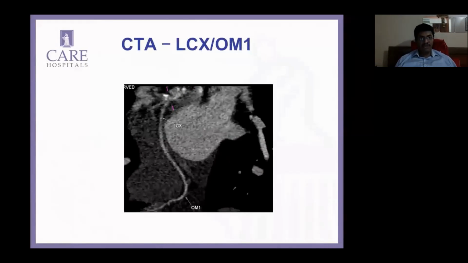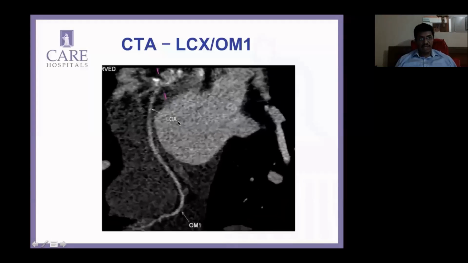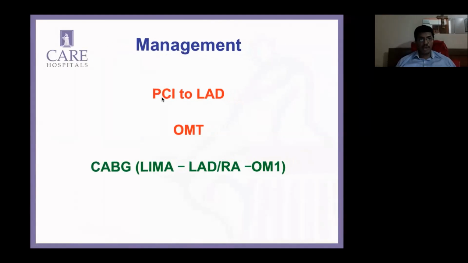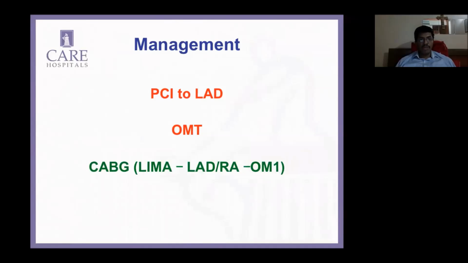And again, you said very rightly about the LCX, a very tight ostioproximal stenosis of the LCX just coming off the left main, with calcium and a little bit of lipid-rich material there. So basically, just to put that in context, it's a blown-up image of the LCX coming off. And so management, definitely no PCI for this patient. Highly calcified lesion, left main extending into the bifurcation.